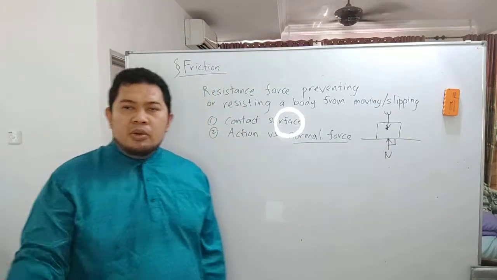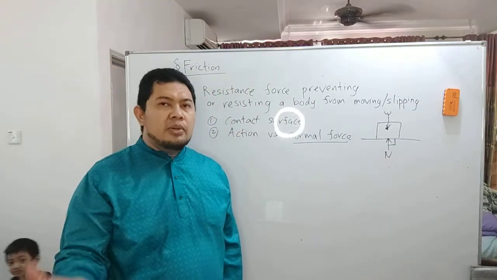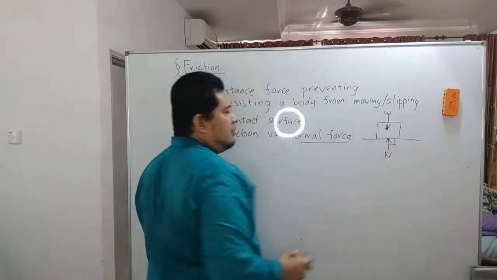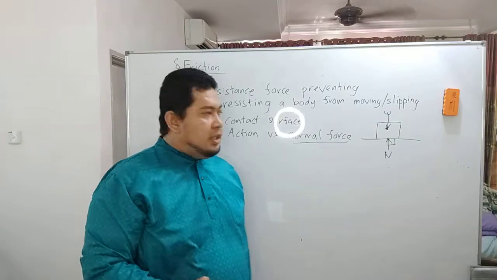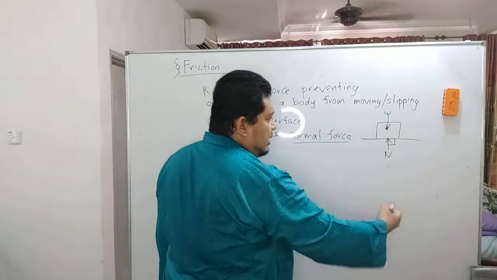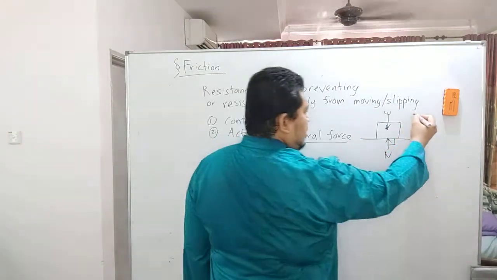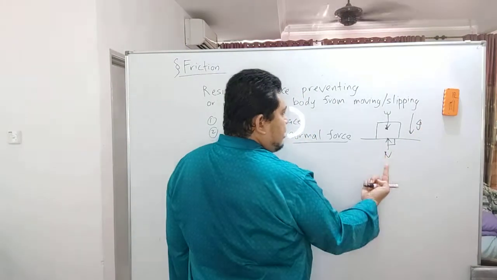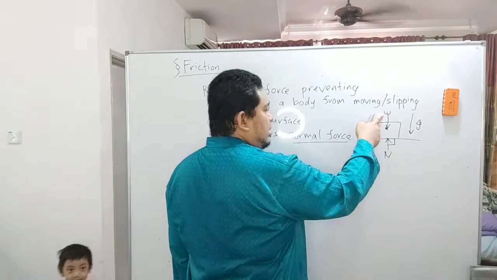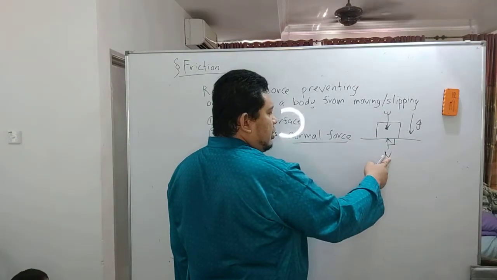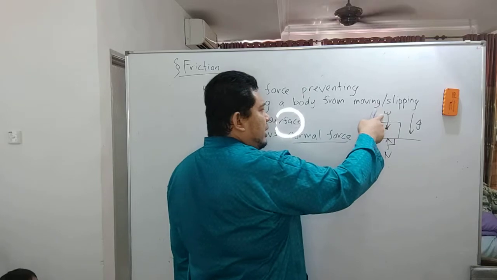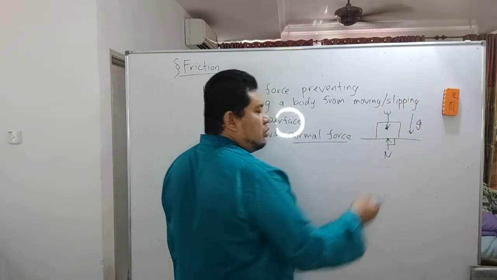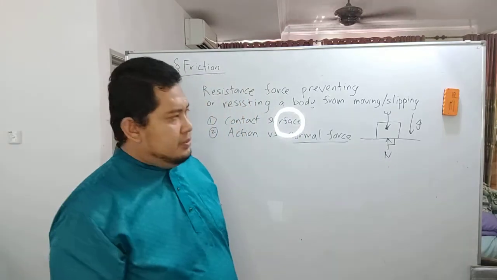So if the weight is directed towards gravity, you get the exact same value for the normal force. If the weight is 100 Newton, so is the normal force, 100 Newton.